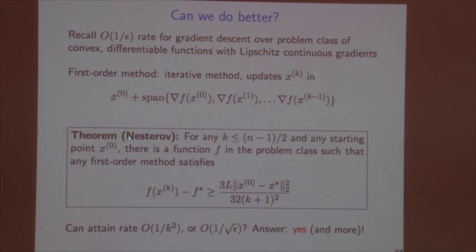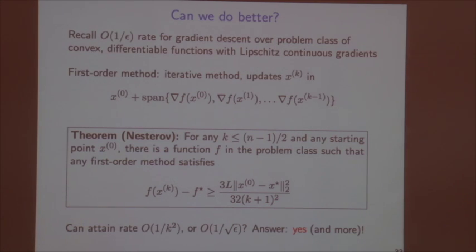And there's a theorem by Nesterov that tells you that for any iteration k that is less than the size of the domain minus 1 divided by 2 and any starting point x naught, there is a function in the problem class, which is again strongly convex functions with Lipschitz gradients that are differentiable, for which the accuracy that you get at the kth iteration is at least some constant times 1 over k plus 1 squared.